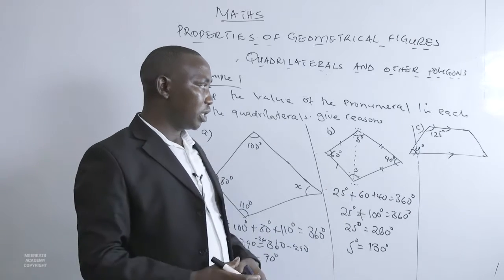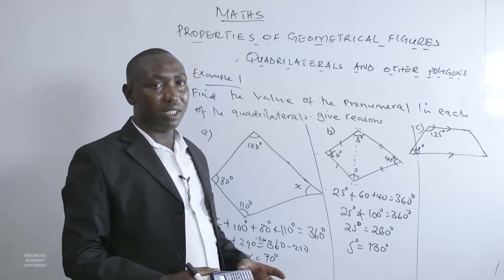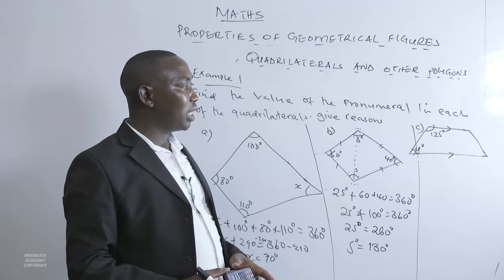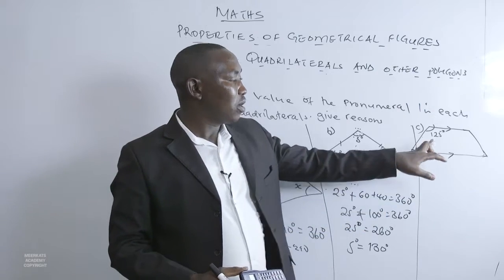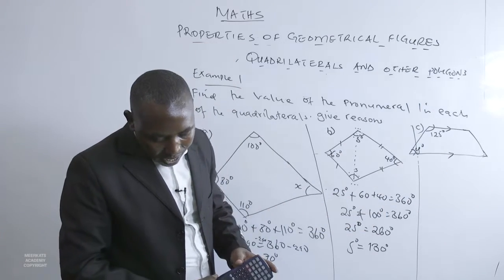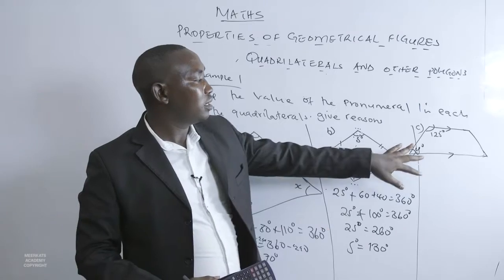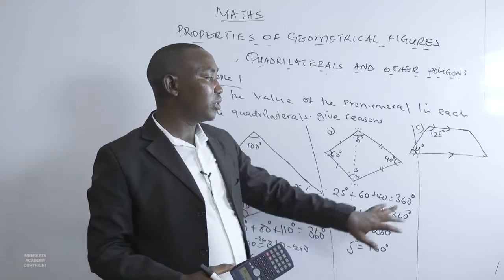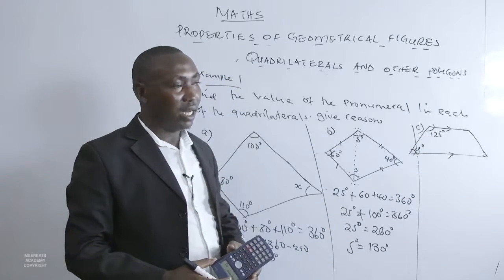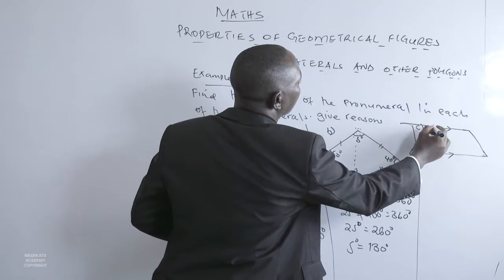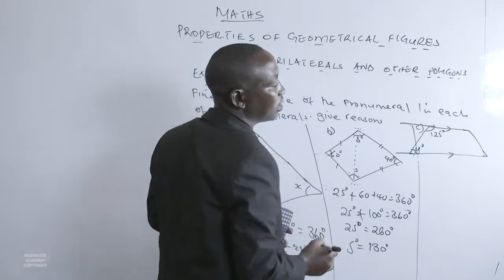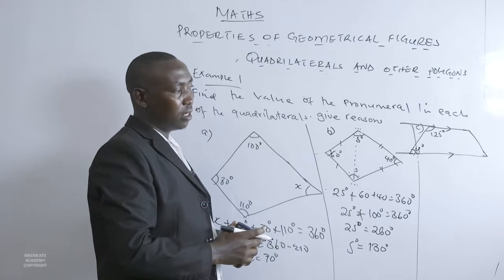The last bit, we have a trapezia, and in that particular trapezia, you can see that we have only been given one angle, which is 125 degrees. Then this is y degrees. I want you to extend these two parallel lines.